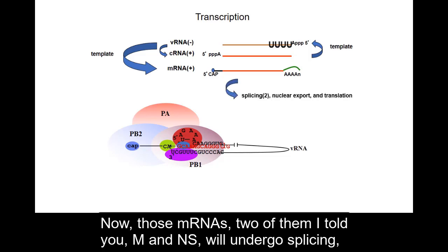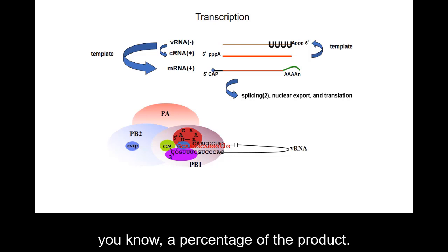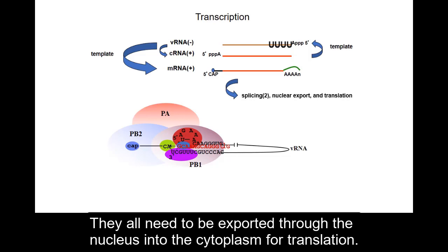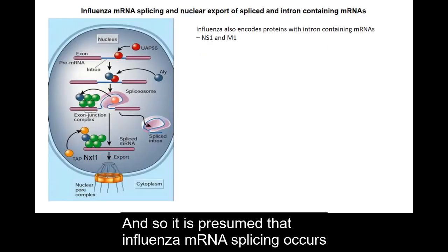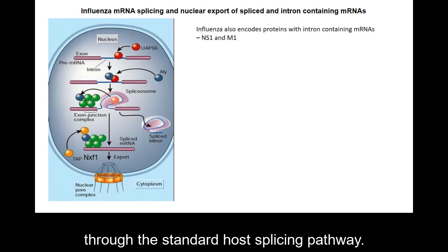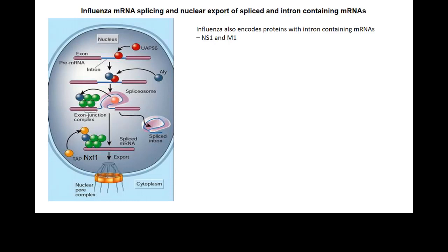Now those mRNAs, two of them, I told you, M and NS, will undergo splicing in a percentage of the product. They all need to be exported through the nucleus into the cytoplasm for translation. And so it is presumed that influenza mRNA splicing occurs through the standard host splicing pathway.